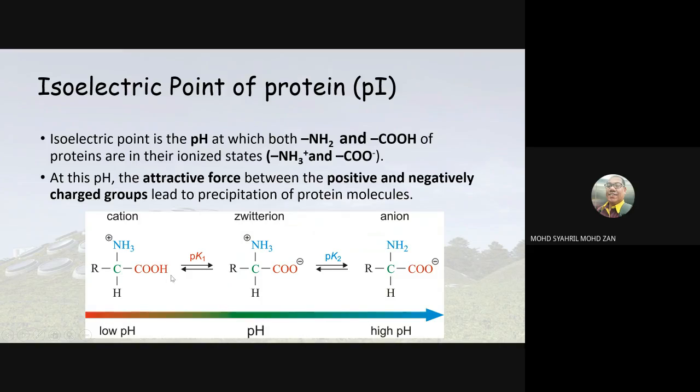So carboxyl group kita masih lagi ada H, so tak akan berlaku proses zwitterion. So zwitterion ataupun nama lain adalah isoelectric point atau PI. Zwitterion sama PI sama okay. Zwitterion inilah keadaan di mana COOH H dia tak ada. Negatif okay. So pH berada zwitterion okay. So this one kalau buat eksperimen dia nampak seperti cloudy sikit.